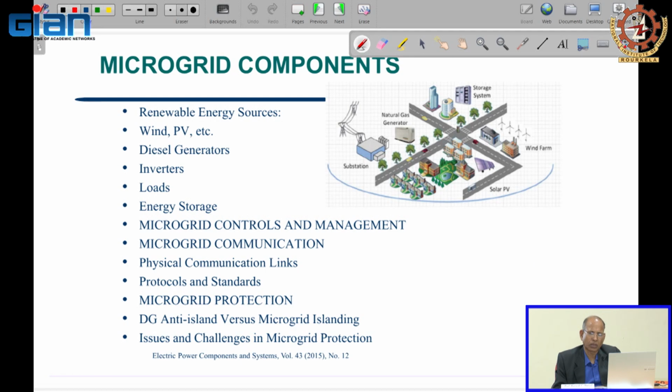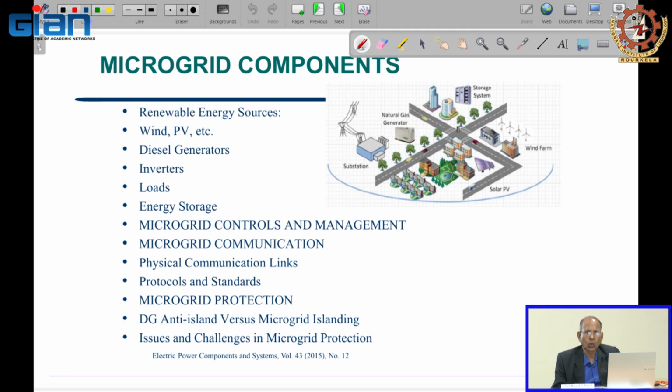Then we are talking about other issues like islanding, protections, etc. So, depending upon the size of the microgrid, you can have several features.